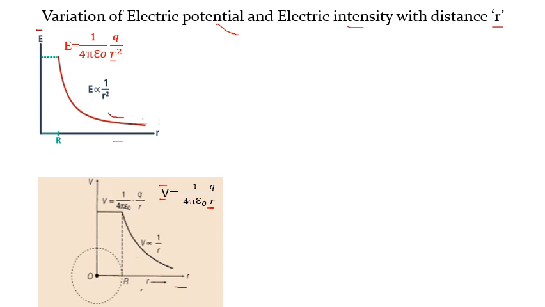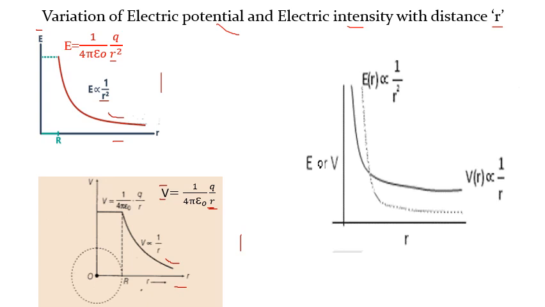In both these cases, though R increases, V or E goes on decreasing, but mind, here E is inversely proportional to R square, while here V is inversely proportional to R. Combining these two, this is the graph of variation of E or V versus R. Though both decrease as R increases, in one case E is inversely proportional to R square, while in the other V is inversely proportional to R. That's why these two are the graphs.